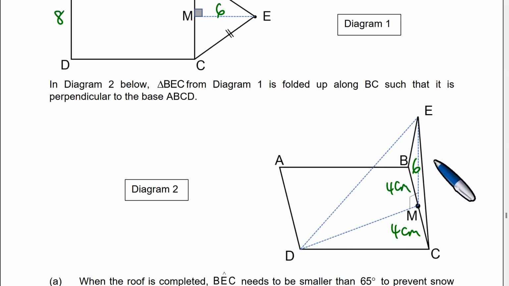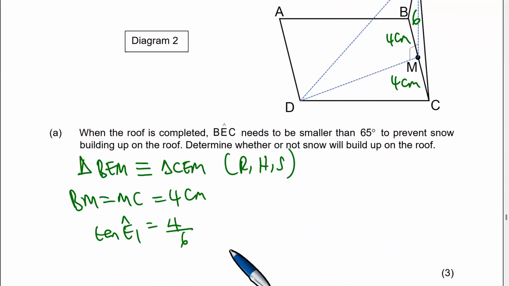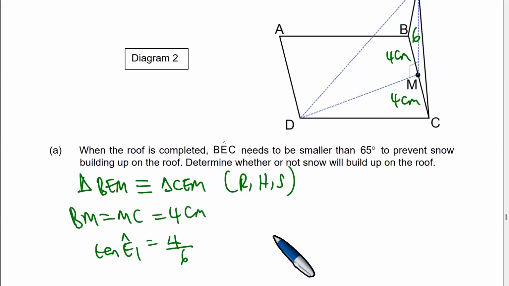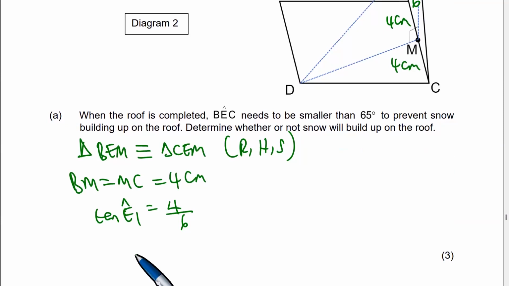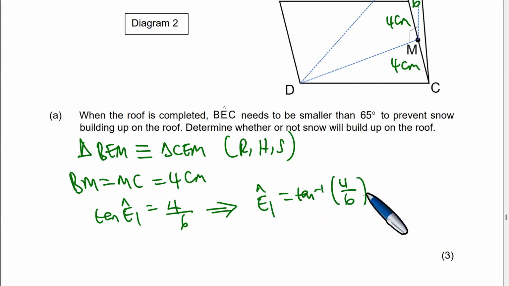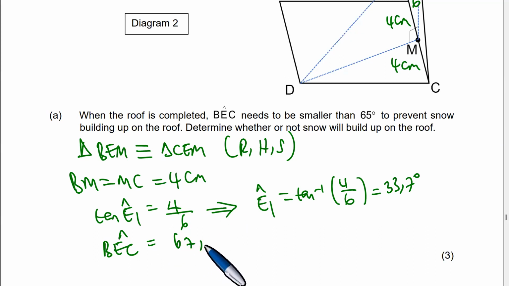Right, so it doesn't matter which of the angles you consider, but now the tangent of E1 is going to be opposite over adjacent, so it's going to be exactly 4 out of 6. And now, this means therefore that angle E1 is equal to arctan of 4 out of 6, which is 33.7 degrees. Let's look at BEC. Angle BEC is equal to 67.4 degrees.